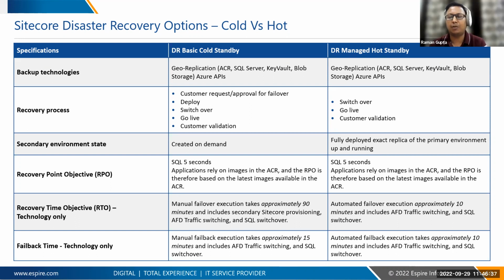So what we can ask for is a combination of these, like basic cold, basic hot, managed cold, or managed hot. We can look into what features each provides, and ask them, okay, we want our DR to be basic cold, something like that.